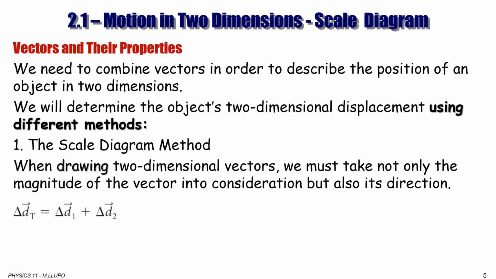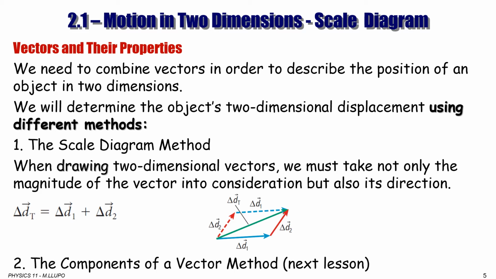So if we have to add 2 vectors and find a total displacement, we need to draw vector delta d1 and vector delta d2 based on a proportional scale and accurate angle between them. And the next one is the algebraic method, which we call the component of the vector method.